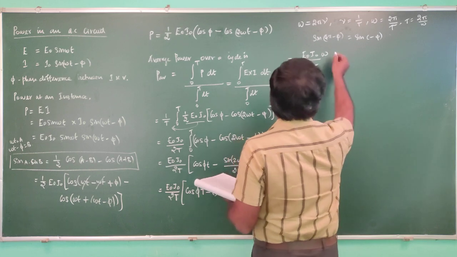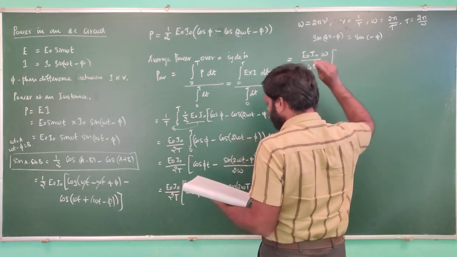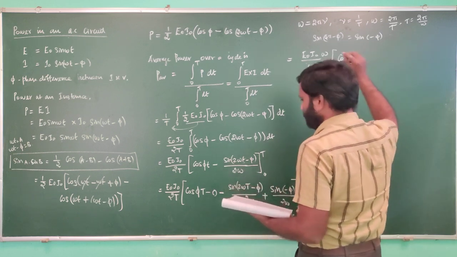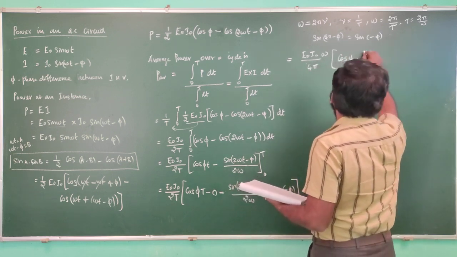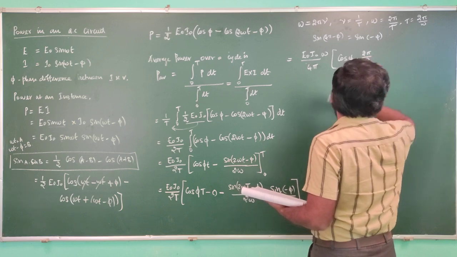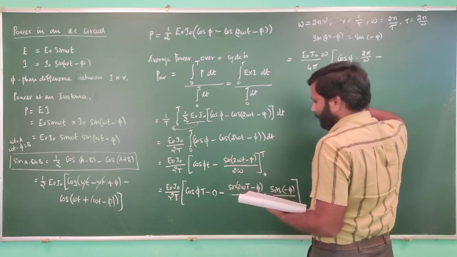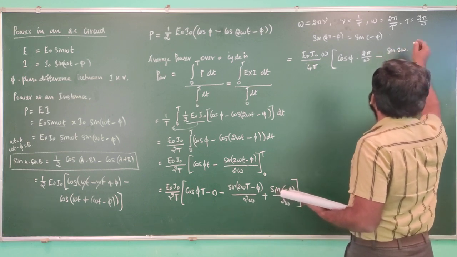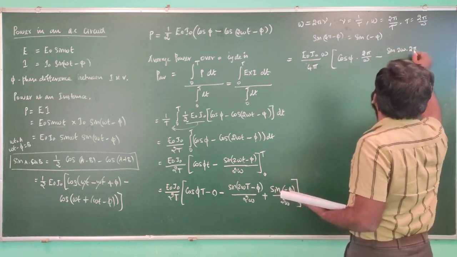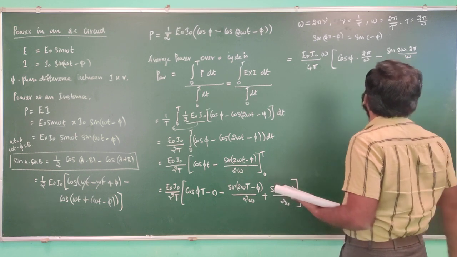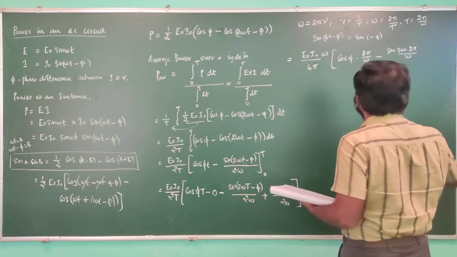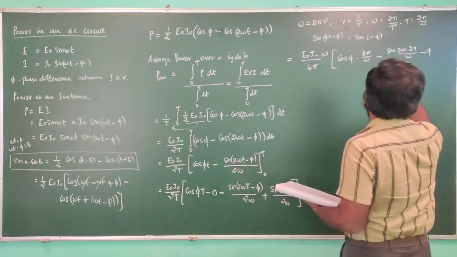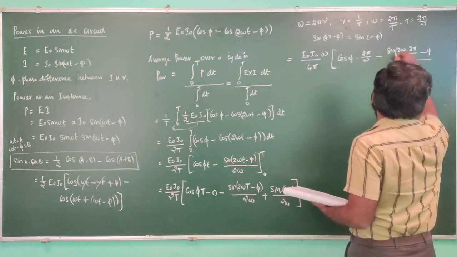Then what is inside? Cos pi into, in the place of t we can put 2 pi by omega, minus sine 2 omega into 2 pi by omega, minus pi divided by 2 omega.